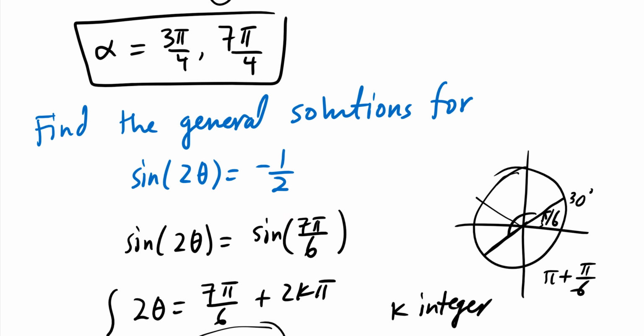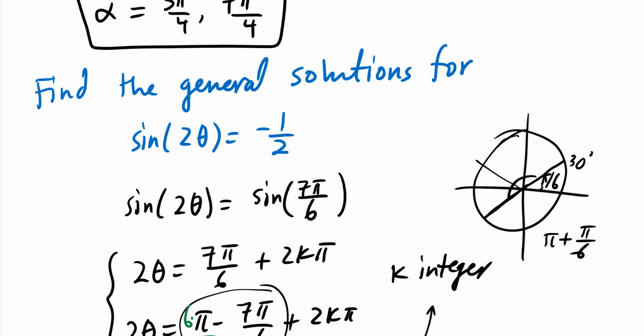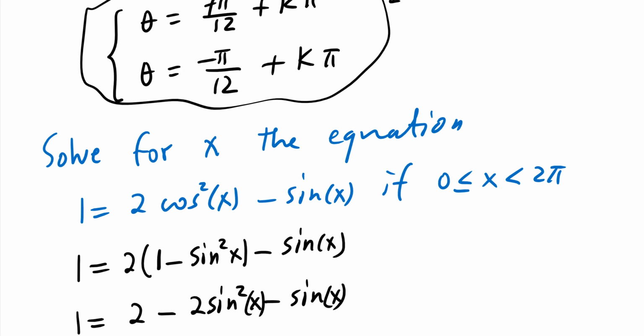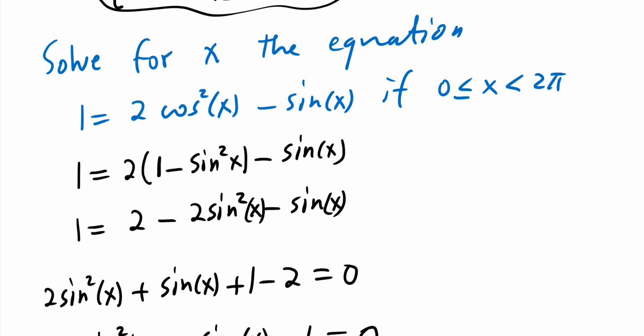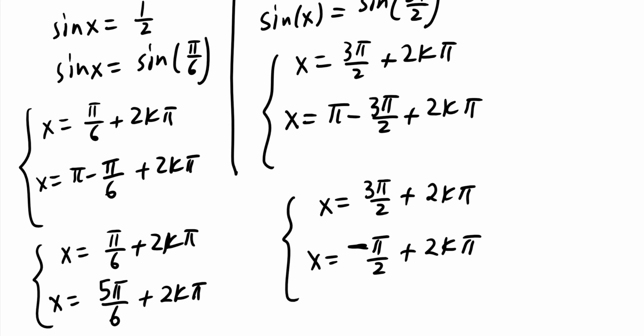And then the next one is when I change the angle, it's not just a single angle, it's not just theta, it's multiple angles, like 2 theta or 3 theta. How to work that out. And the next one is a quadratic, but also involving more than one trigonometric function. So how we rewrite almost all the equations as one function to make it easier for us. Then do factoring and solve them out.